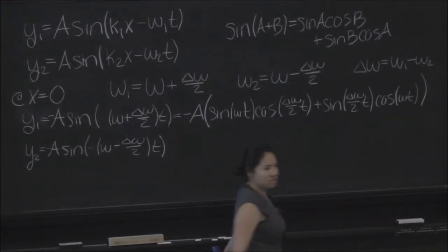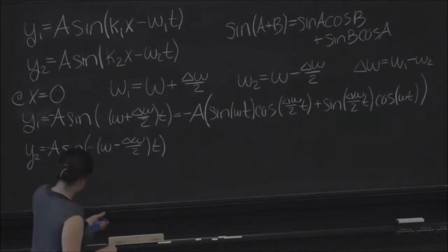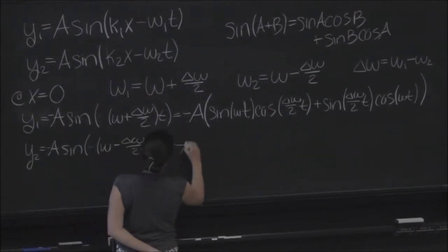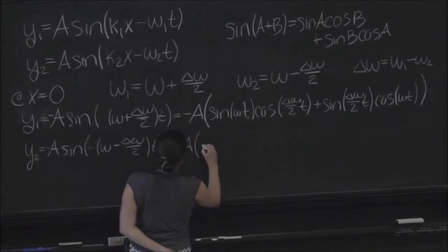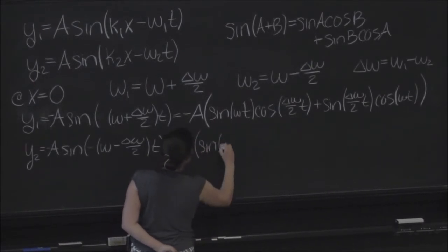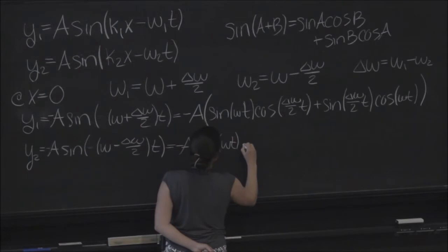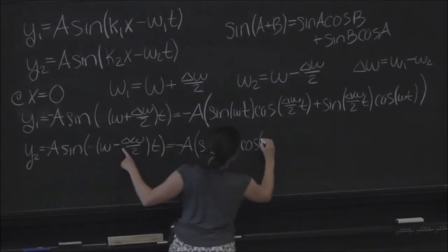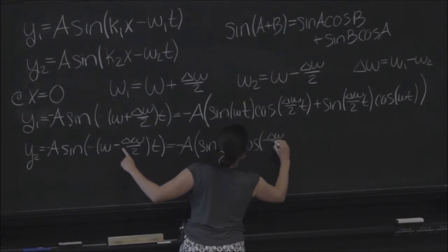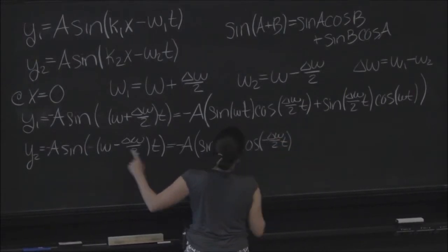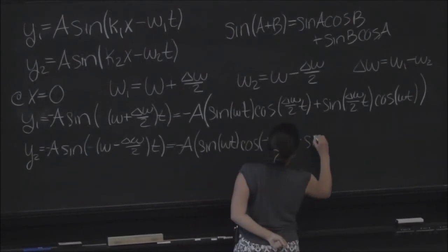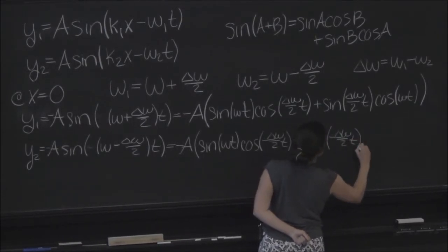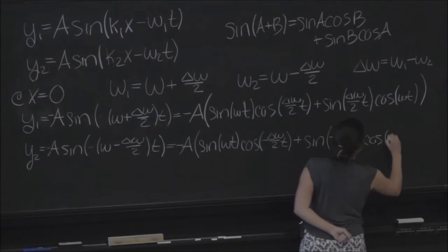Did I drop any parentheses or am I still good? Okay. And let's do the same thing for this one. So here we have sine of omega t cosine of negative delta omega over 2t plus sine of negative delta omega over 2t cosine of omega t.